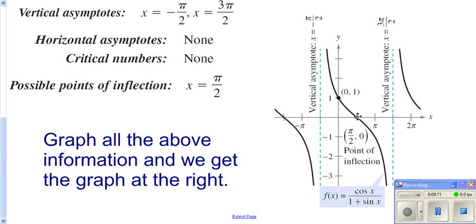We also knew between 0 and negative pi over 2 you were concave up. We also knew between pi over 2 and 3 pi over 2 you were concave down. Being periodic, you're going to take this here and repeat it over here and going off to the left.